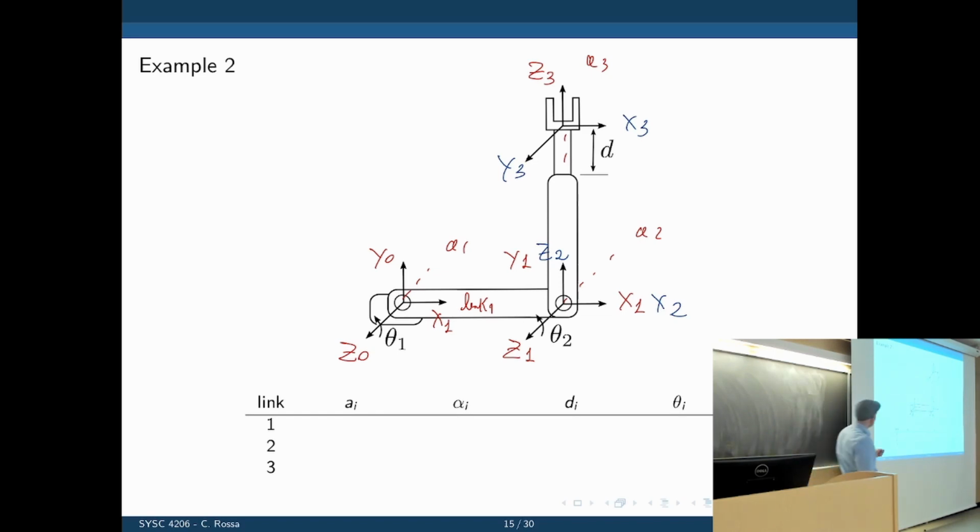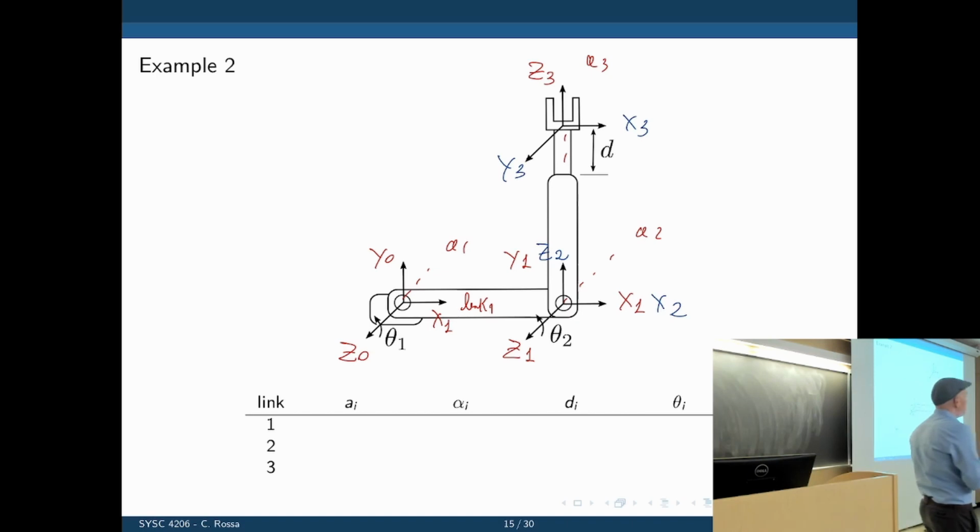Okay, let's do the table now. For link 1, we are dealing with frame 1 with respect to frame 0. So what are the parameters there? What is a_i? It is the translation of z along x.